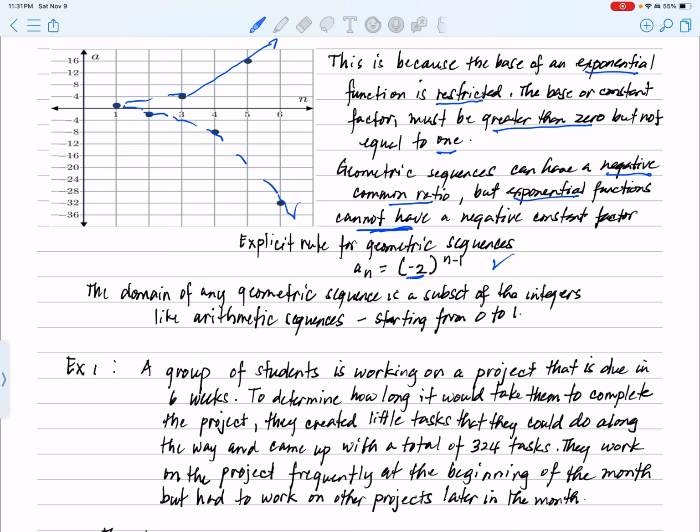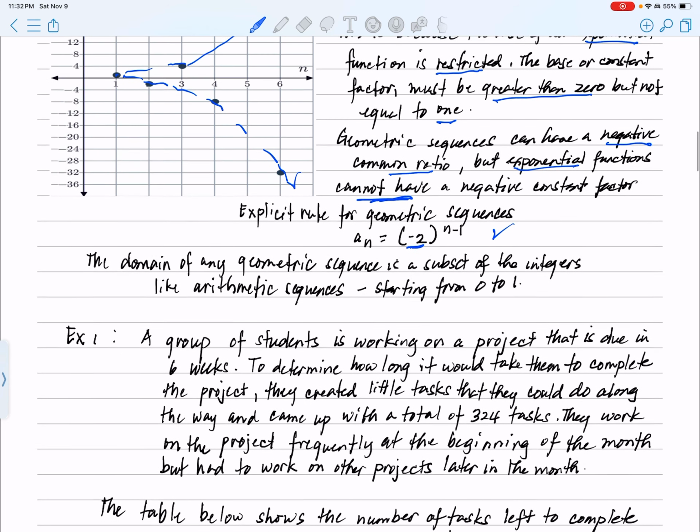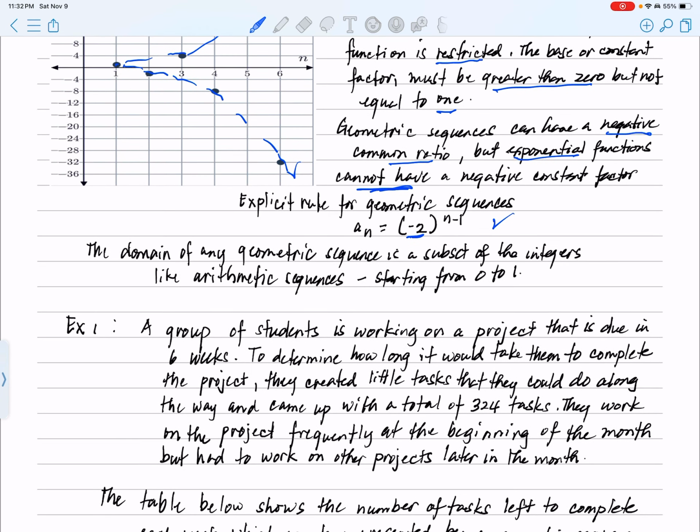This is for the geometric sequences. It can have a negative ratio. The domain of any geometric sequence is a subset of the integers. Like arithmetic sequences, it can start from 0 or 1.